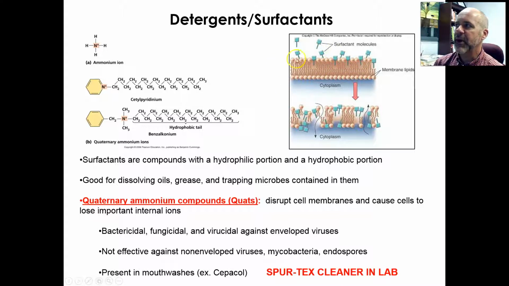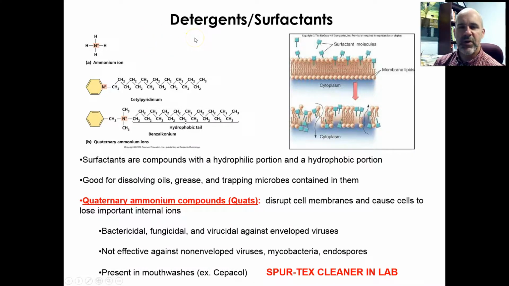Here's a cell membrane, and in blue, the square portion is supposed to be a surfactant molecule, and the square portion is supposed to be hydrophilic. The stick portion there is hydrophobic. The hydrophobic portions will love those fatty acid tails of the phospholipids in the cell membrane. So they're going to wiggle their way down in there, and that's going to help break apart the cell membrane. That's generally how things in this category work.